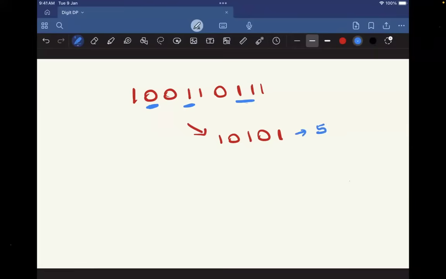Okay. Now tell me, guys, if I know 5, can I know the number of extras if I know the length of the array? Are you able to come up with a formula for the number of extras? Tell me. What is it, guys?